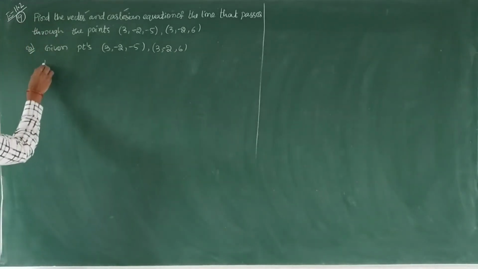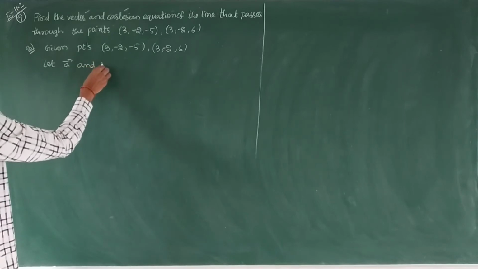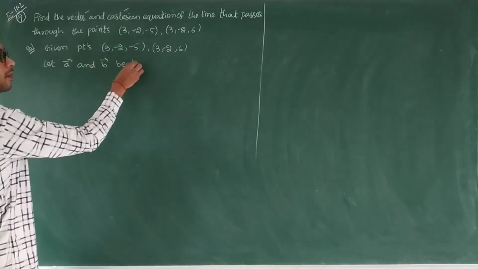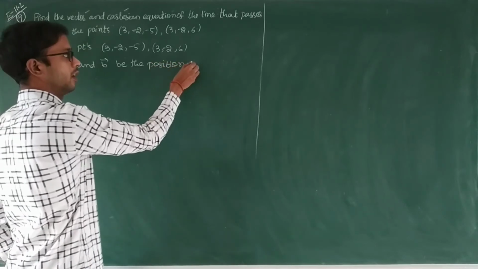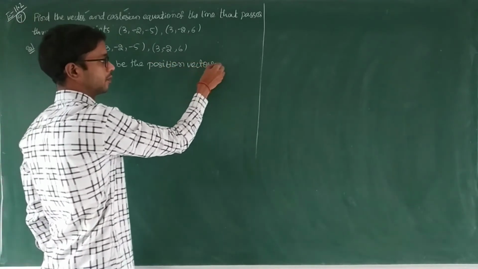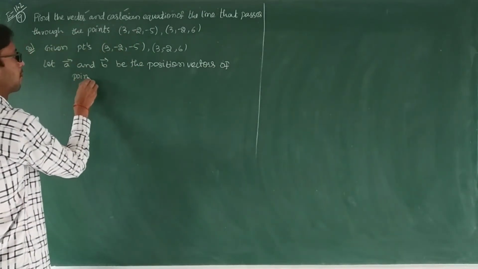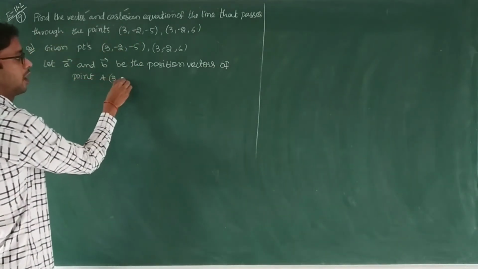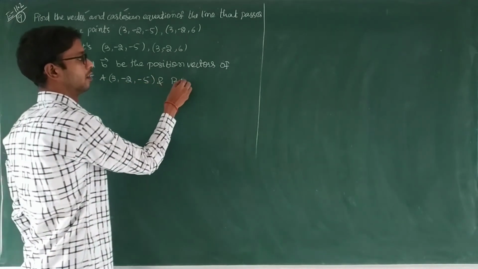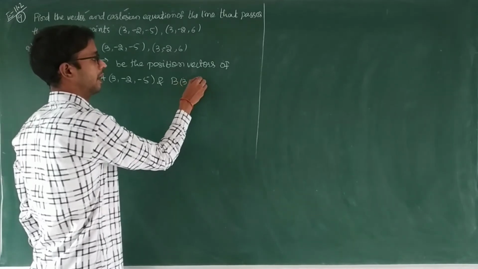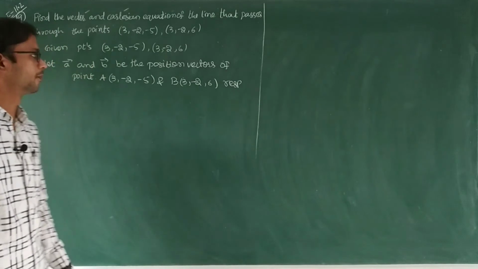So let A bar and B bar be the position vectors of points A (3, minus 2, minus 5) and B (3, minus 2, 6) respectively.